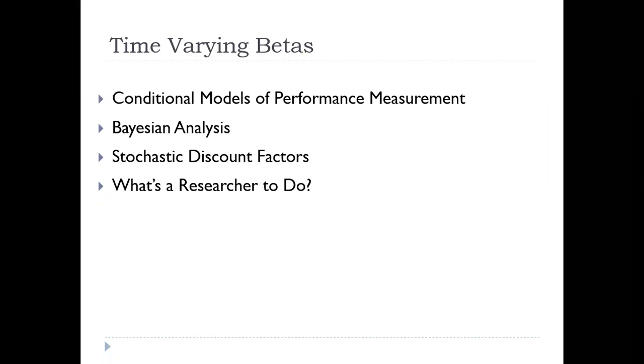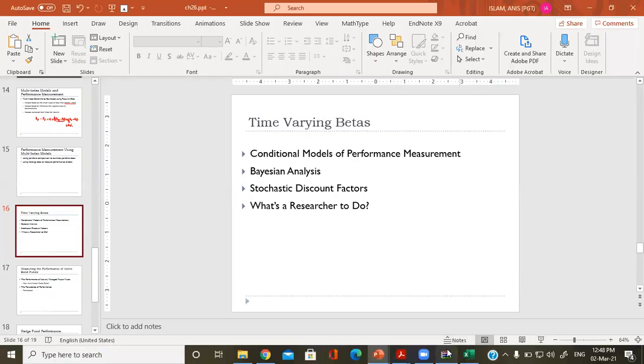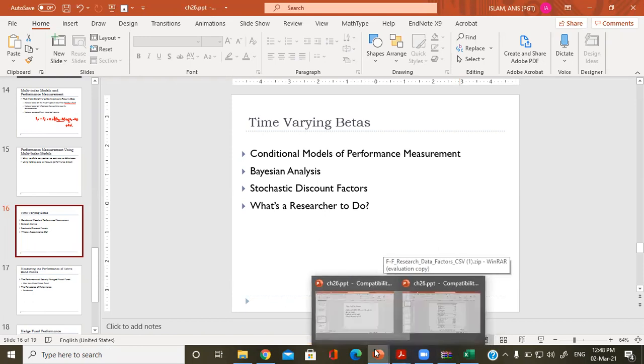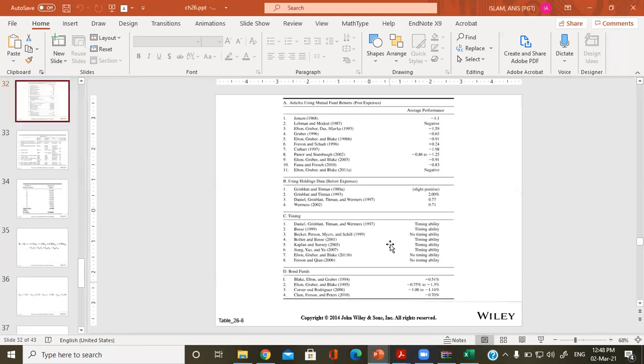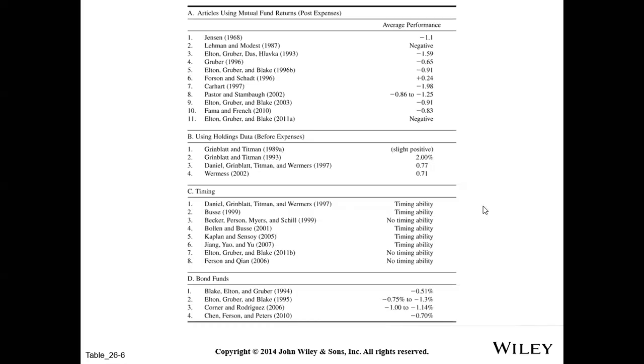Okay. So that is the issue, but the thing is that it has been found that before considering fees, mutual funds reported a good percentage of alpha. You see, based on the holdings data before expenses, these authors have found that funds report positive alpha.